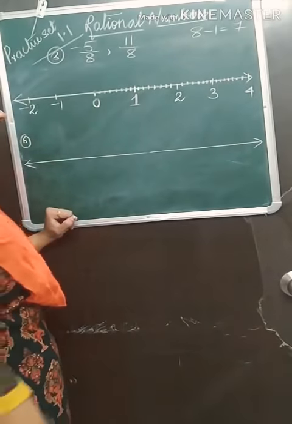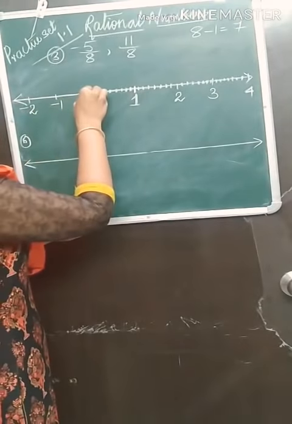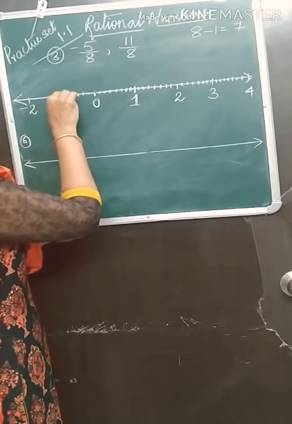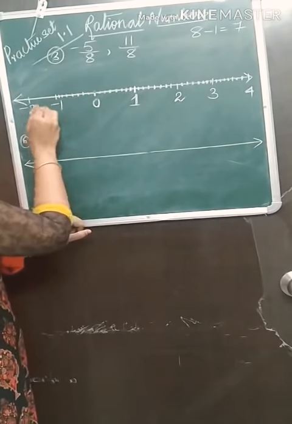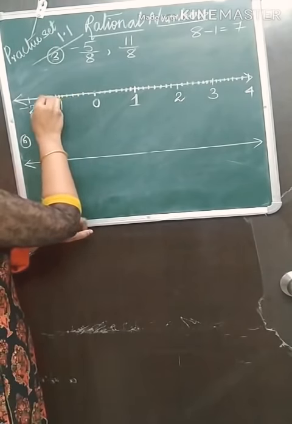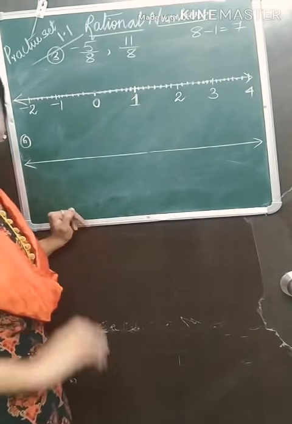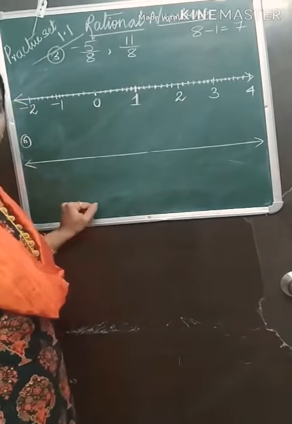It should not be more than 7. Same way on the left side, between minus 1 and minus 2. Somehow I adjusted. Okay?